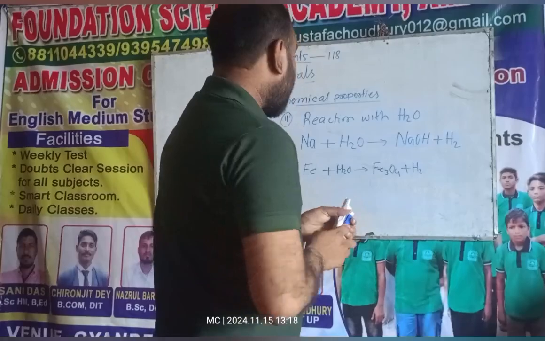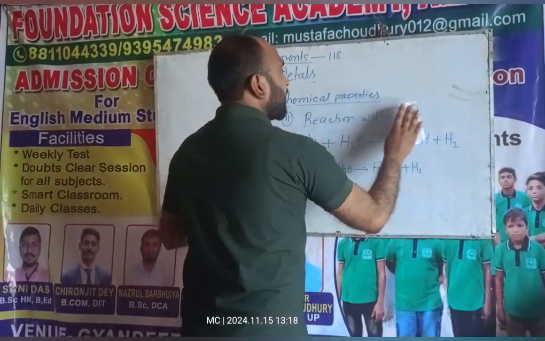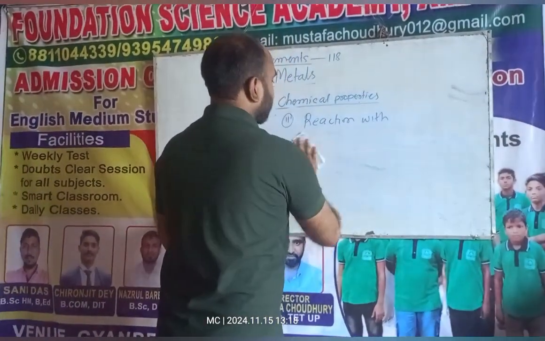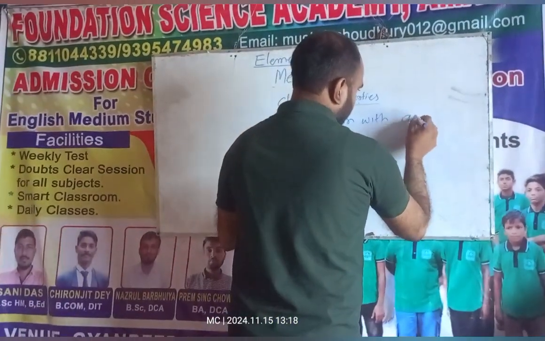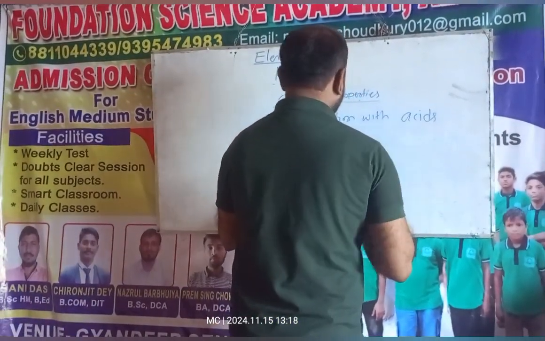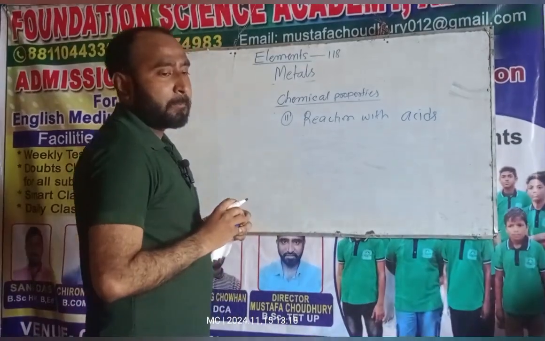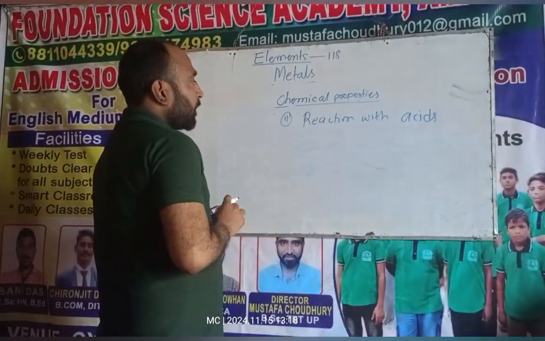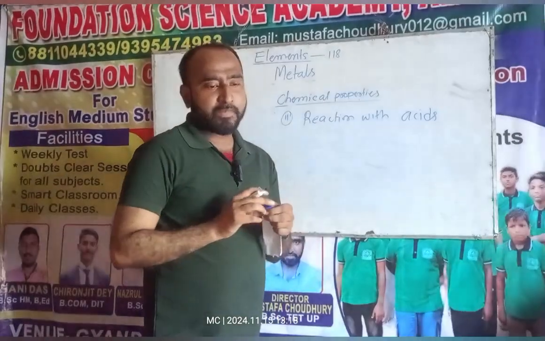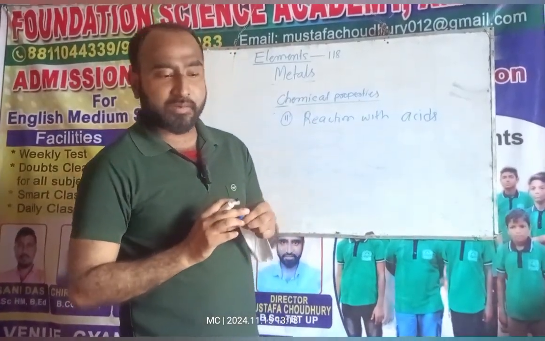Our third chemical property is reaction with acids. When a metal reacts with an acid, it forms salt plus hydrogen gas.